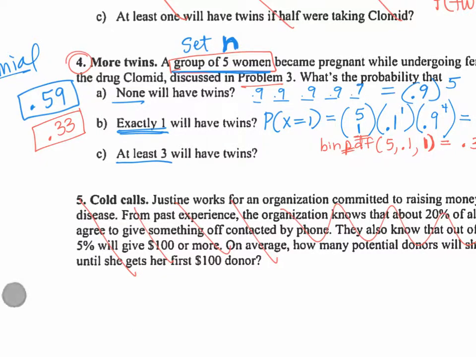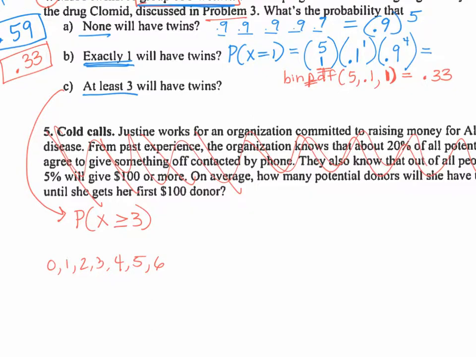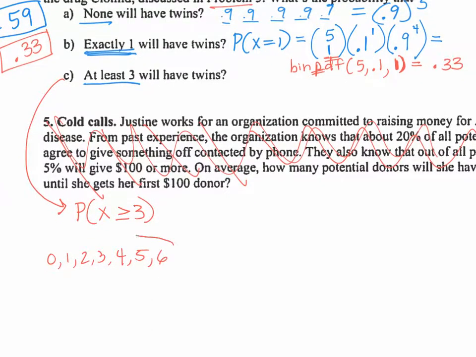All right, let's do this last one, and I'm glad I've got some extra room to do my work for this last one here. We want at least 3 to have twins. So that's the probability that x is greater than or equal to 3. So if we think about this, 3, 4, 5, I want at least 3 of these women.